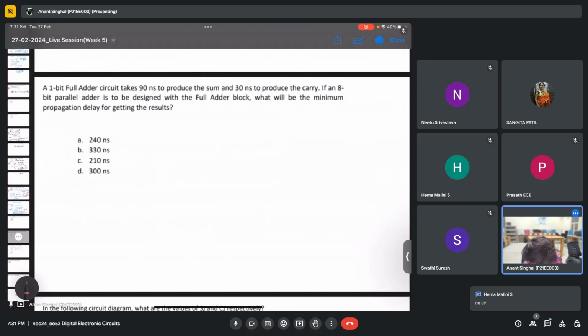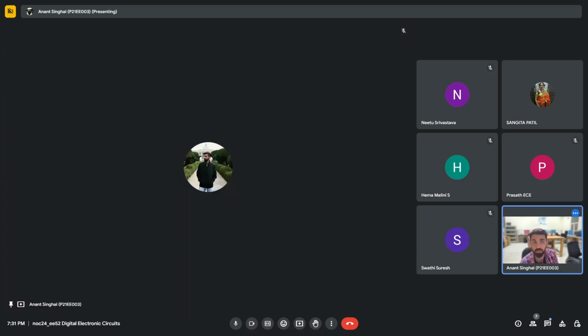So now we have a full adder question. It says a 1 bit full adder. Is my screen visible? Okay, fine. Give me 1 minute again then.